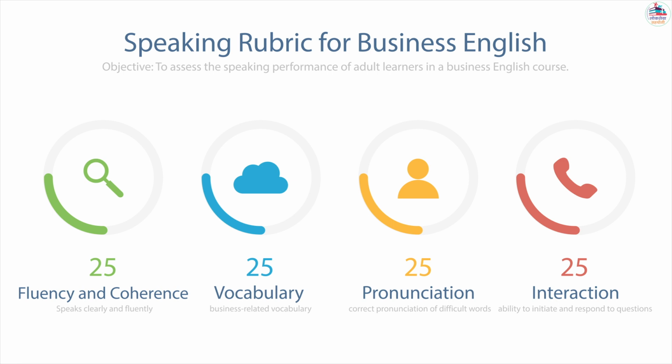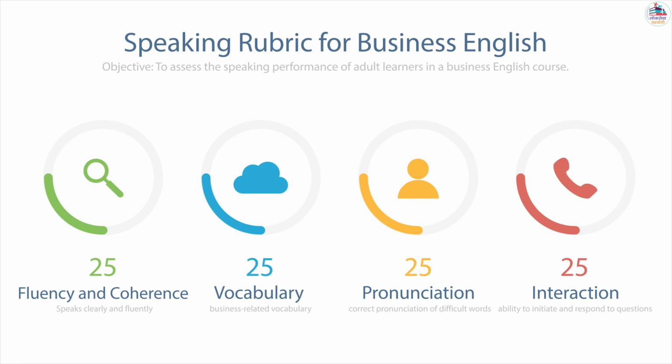During speaking, the learner should speak clearly and fluently. The learner should demonstrate the ability to express thoughts coherently. Coherently means if you speak that is not coherent, that is just trying to speak with fluency.